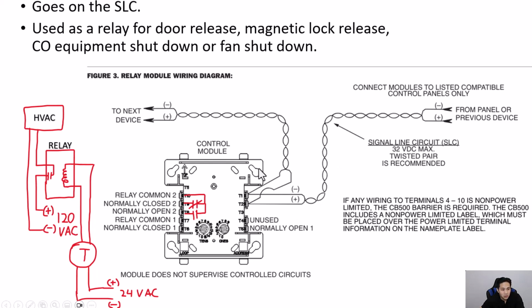Also, these could be used to shut off CO equipment. So any equipment that uses gas or oil or anything else that can produce carbon monoxide would have to be automatically shut off. And to do that, you can use these control modules as well to have the CO equipment shut down.